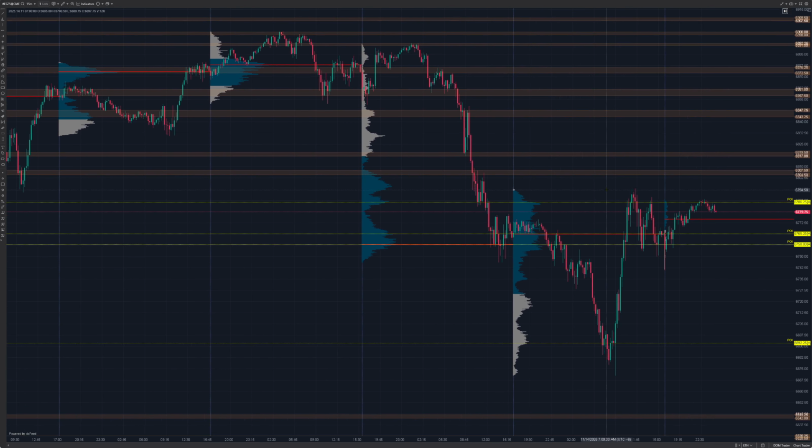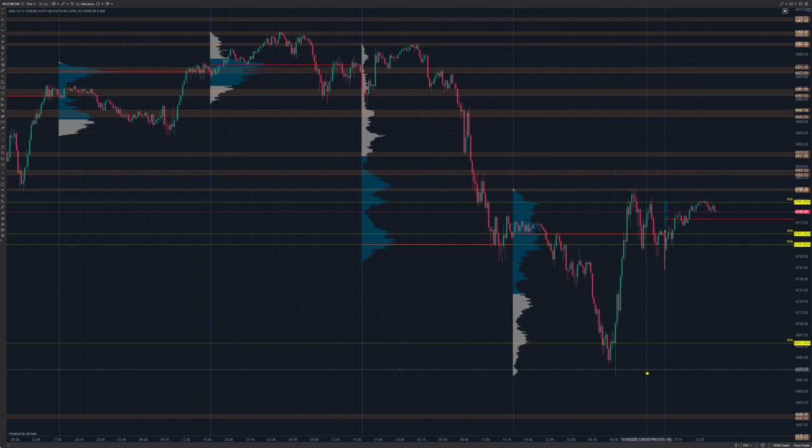But here we clearly see that there is a certain area which could be interesting. Here there are some rejections. Here there's a rejection from Friday. That's for sure interesting, I'm going to mark that one here.